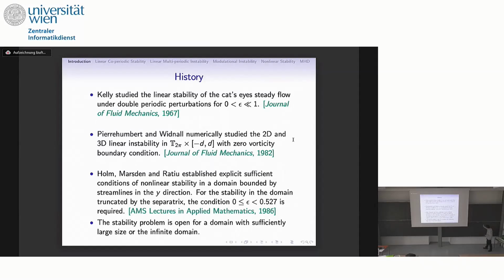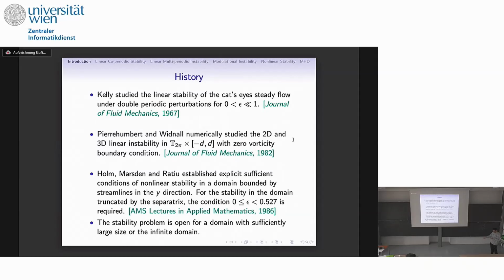But even if you do the truncation, you still want to contain the case I, right? Then you do the truncation barely containing this case I. Even in this case, for this domain just containing the case I, they also need to restrict epsilon to be less than 0.527.